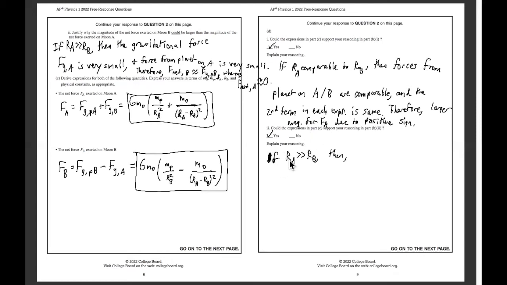All right, so if RA is much greater than RB, then I get that FA is approximately equal to G M0 over RA squared, and then I have MP plus M0, and FB is approximately equal to G M0 MP over RB squared.